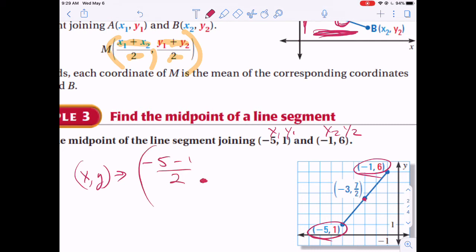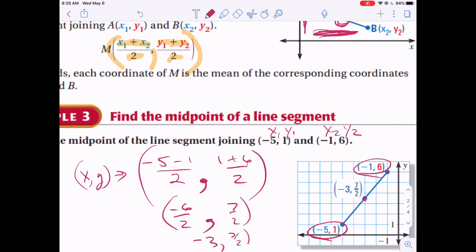And now I put a nice big comma in the middle there, so I know it's going to be a point, x comma y. Then I add the y's, which are 1 and 6: 1 plus 6, and divide by 2 for the average. So -6 divided by 2, big comma, 7 divided by 2, I get -3 comma 7 halves. And there you go. So you're just averaging the x and y's.